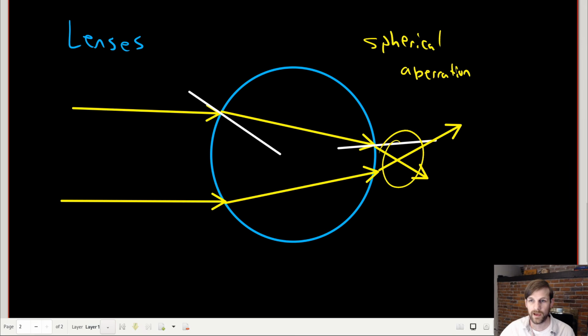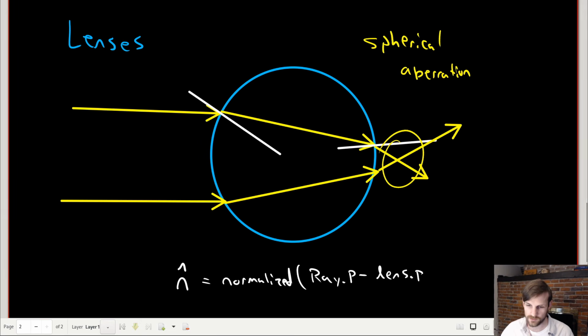So firstly, how exactly do we find the normal vector of a sphere? It's just going to be a normalized function of the ray's position minus the lens's origin, which I'm also going to call P. This means that when you get to the surface of a lens, the normal will always be projected outward.